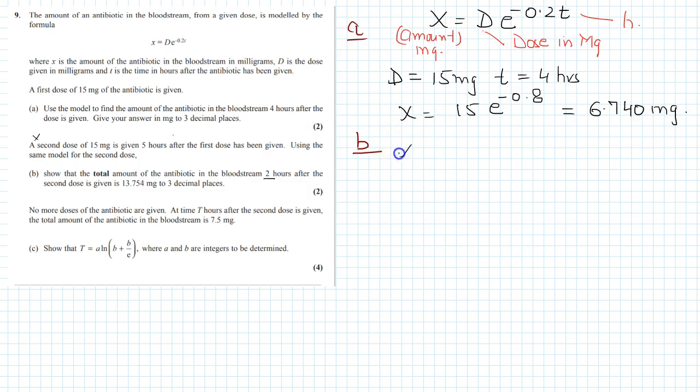So in the first one, say it will be x1, it was 15 milligrams e to the power minus 0.2 multiply 7, plus, now this medicine is given, this is x2, so a second dose of the same amount is given, 15 e to the power minus 0.2 multiply 2, to show that this is the answer.